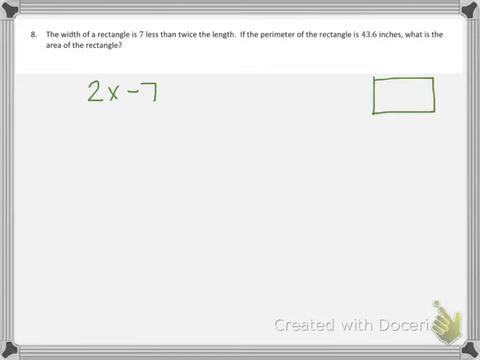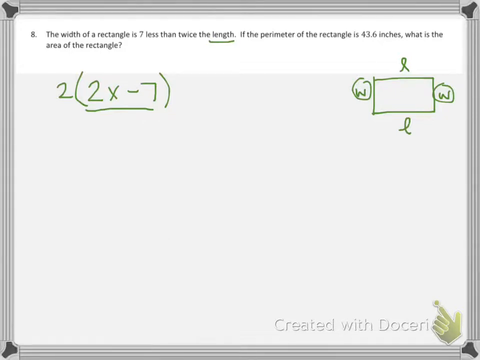I'm going to have a length and a width and a length and a width, and I need to add all those together. Well, this is the width. This is the width. So I need 2 of those, right? 2 widths. And I need 2 lengths. Well, the length is, I don't know. That's my variable x.